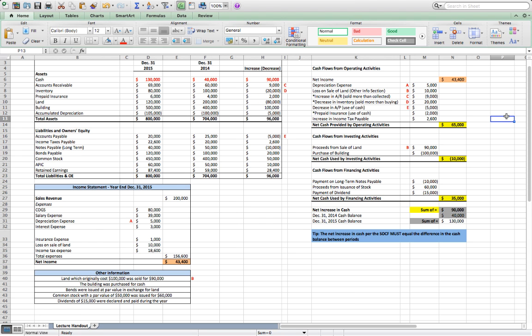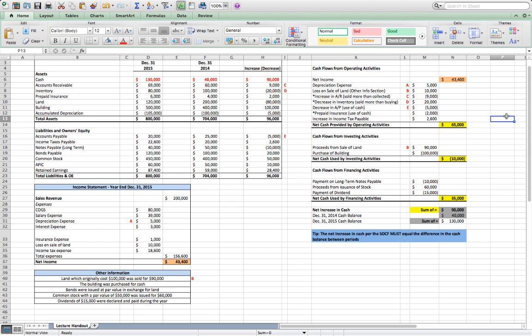Accounts receivable, when there's an increase in the asset from year to year, you decrease the balance when you're looking at the statement of cash flows. When it comes to the liabilities, such as accounts payable, it is the opposite. When there's a decrease in the account, it represents the use of cash, therefore, it decreases the cash flow because you paid cash to decrease the accounts payables that you owed.